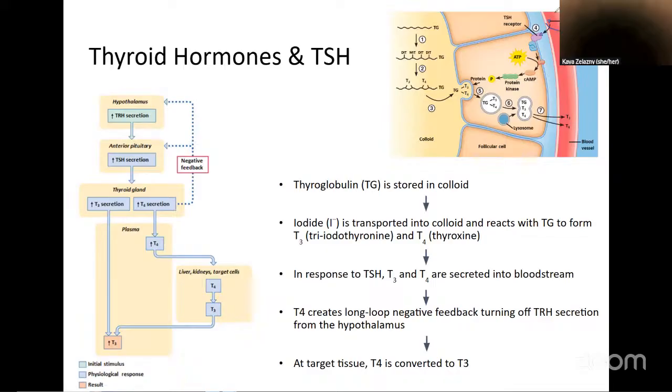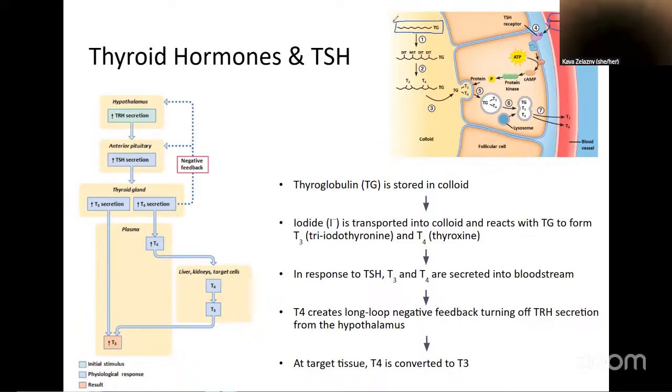So that's our signal, and it's going to act on stuff that is already in our thyroid gland. Here on the inside of the thyroid gland, in a region we call the colloid, this kind of cavity inside, we can see that we have this molecule thyroglobulin waiting. That's the TG here.